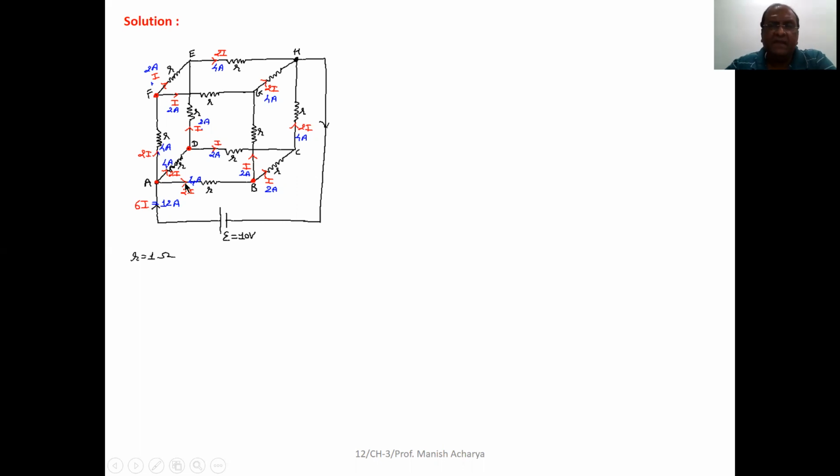So see here, now I am considering different paths: A to B, B to C, C to H, or A to B, B to G, G to H, or A to D, D to C, C to H, or A to D, D to E, E to H, then A to F, F to E, E to H, or A to F, F to G, G to H.